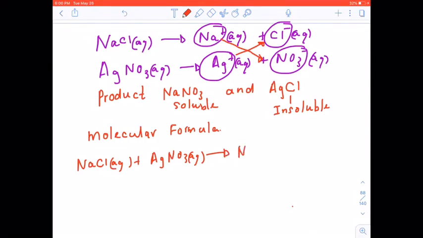We get NaNO3 aqueous plus AgCl, which is a solid. And if we look at this reaction, is it balanced? Yes, it is balanced.